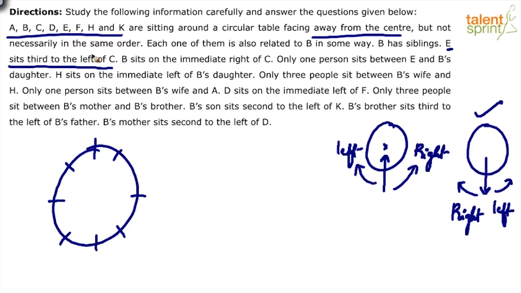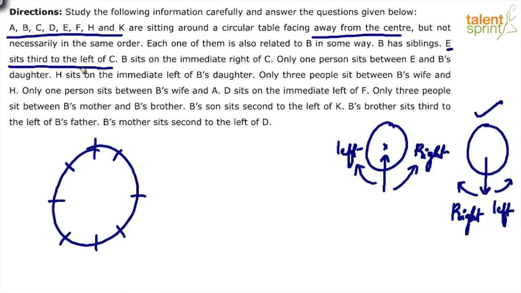Let's try it out. Remember, one advantage that we have in circular arrangement is you can start anywhere from the circle. Because it is a closed loop, there is nothing like this is first position and this is second one or third one. You can consider any position to be the first one. I can start from the bottom, I can start from the top, I can start from left, right, wherever I want to. So, let's start from the bottom. Let's see what happens.